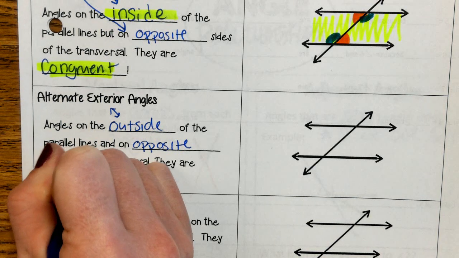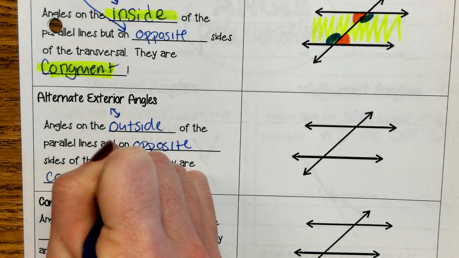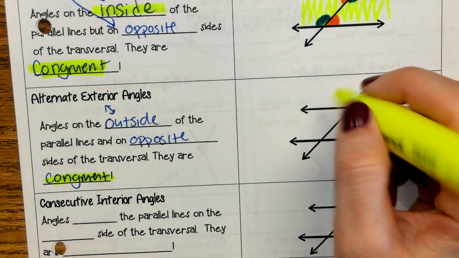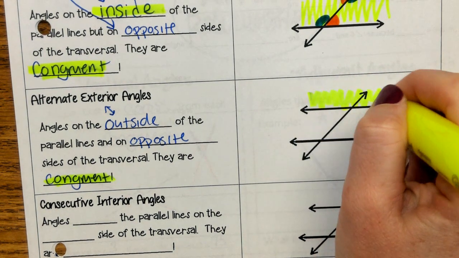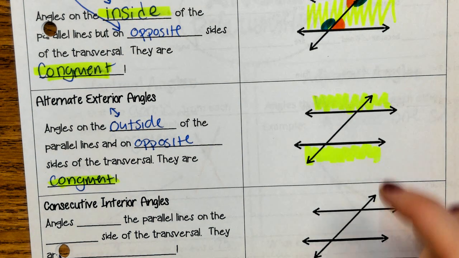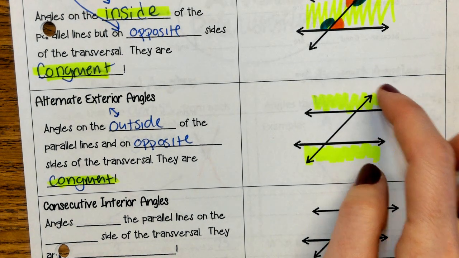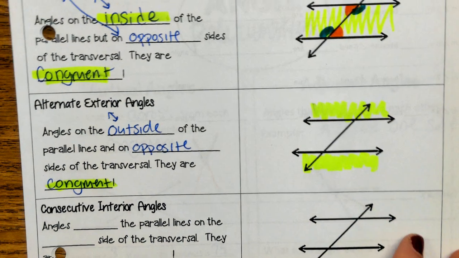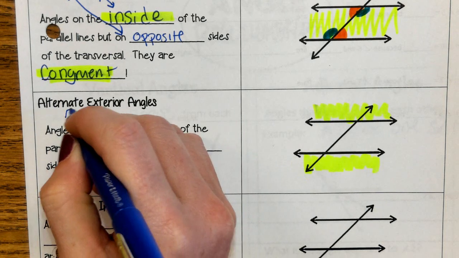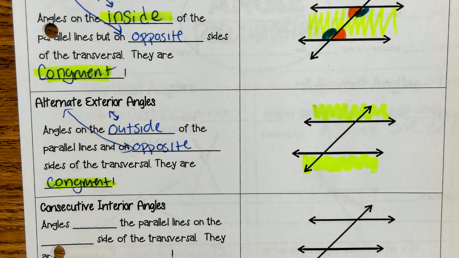They are again congruent. So if between the parallel lines is inside, not between the parallel lines means outside. So these are opposite outside angles.